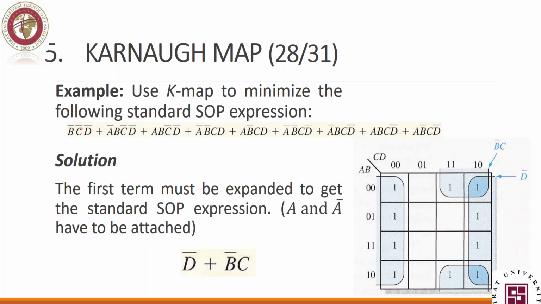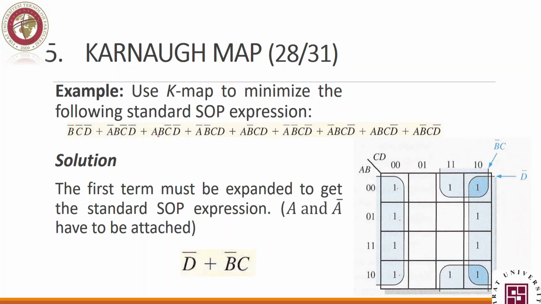A bar B bar C bar D bar. This is one here. Then we have A B bar C bar D bar, A B bar C bar D bar, this one. Okay. A bar B C bar D bar, A bar B, which is 0, 1, 0, 0, 0, 1, then 0, 0, here, this one.